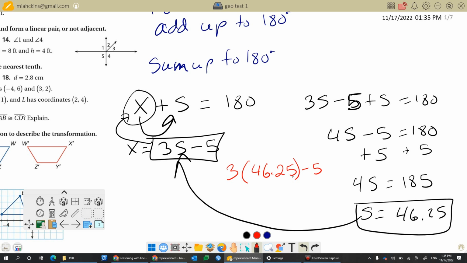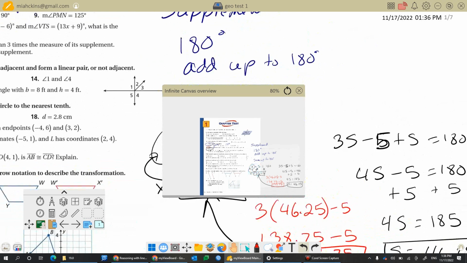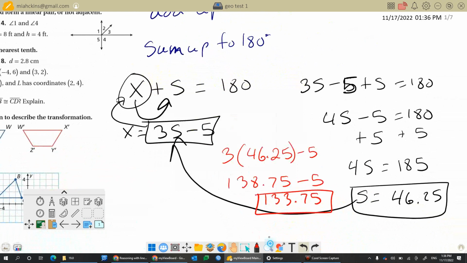So we times that by 3. 46.25 times 3 is 138.75, we minus 5, and then we end up with 133.75, which is equal to the measure that we're looking for. I'm going to get rid of all of this right here.